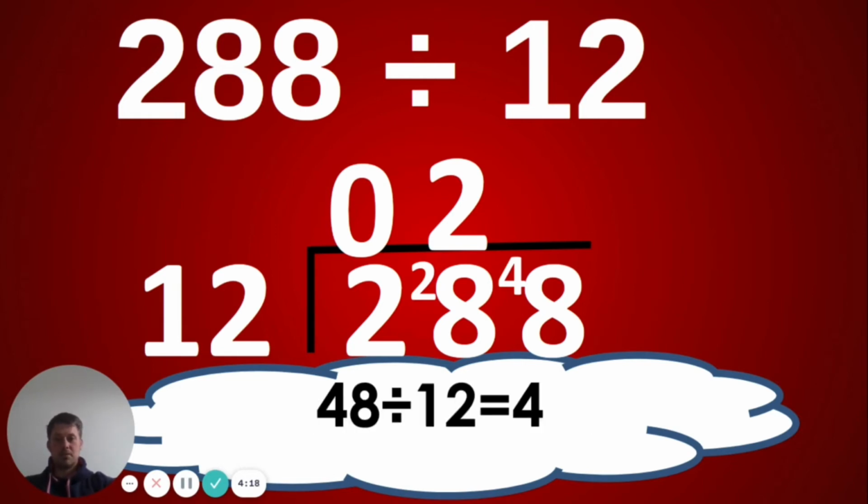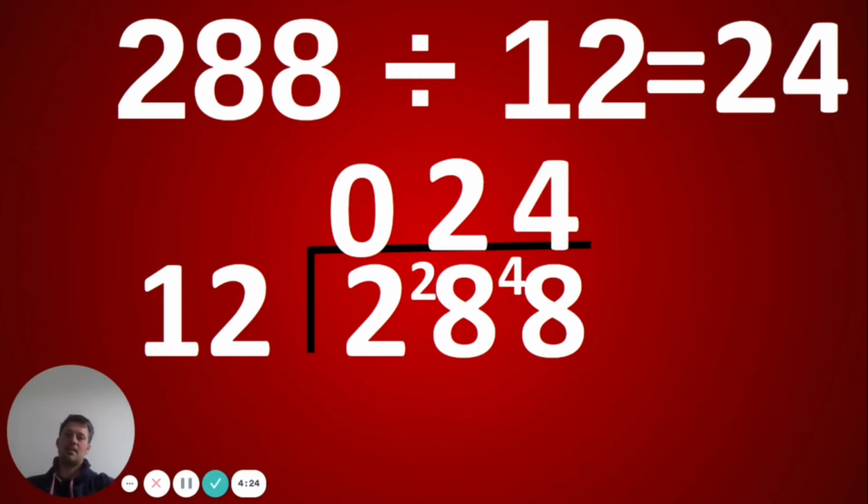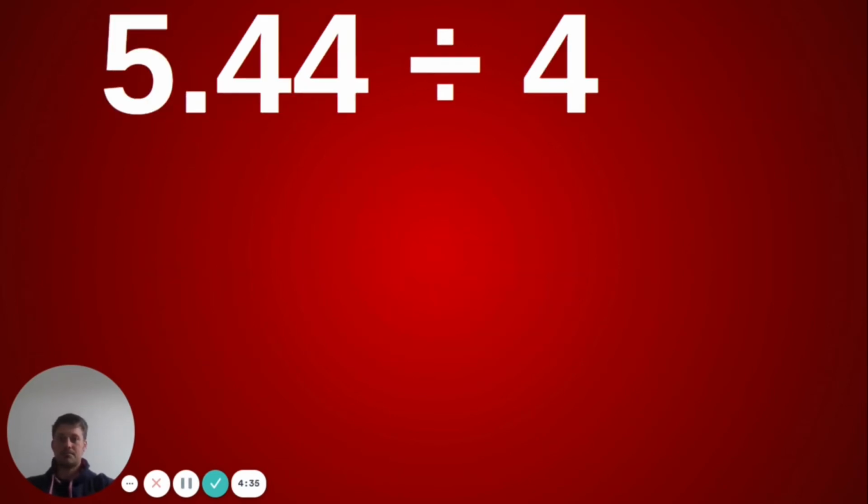So 12 times 4 is 48, so I write my 4 on top, and that means that 288 divided by 12 is 24. You can check that if you want, and you can multiply 12 by 24 and check the answer.